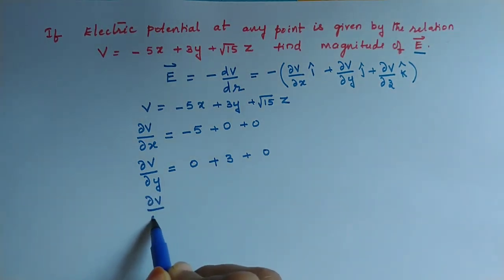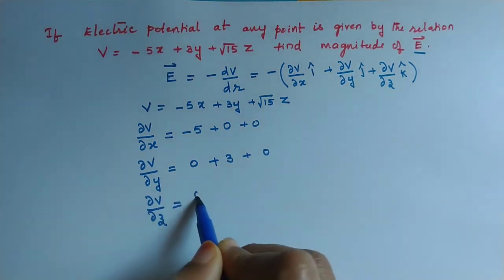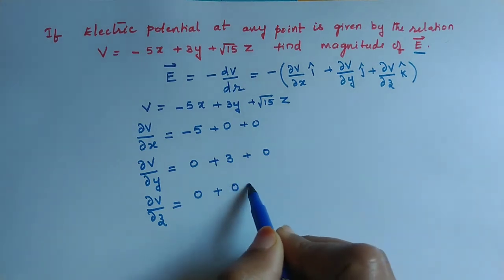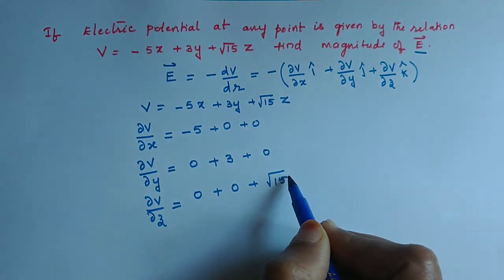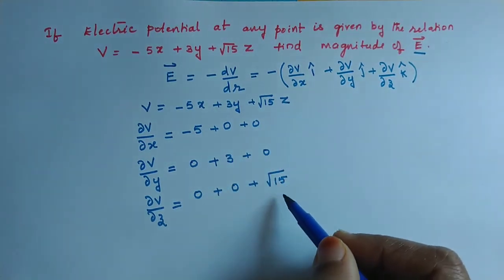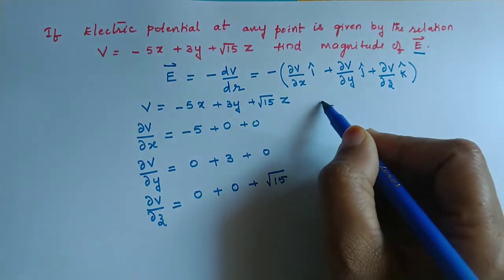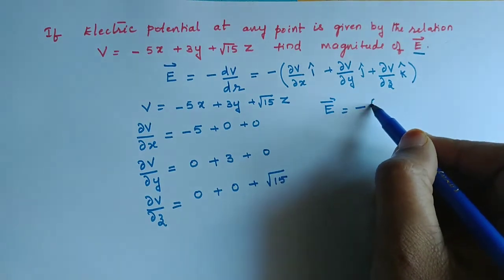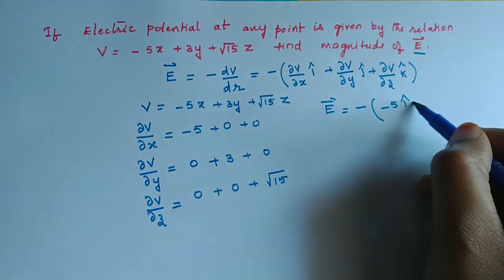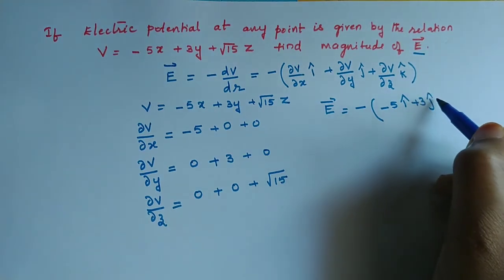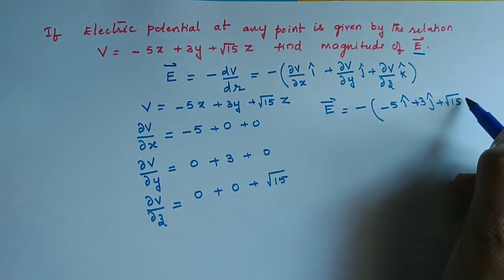Then dou V by dou z, x and y are taken as constants. Differential of root 15 z is root 15. And once you know all these three values, I can write the electric field as minus of minus 5 i cap, because dou V by dou x is minus 5, plus 3 j cap plus root 15 k cap.